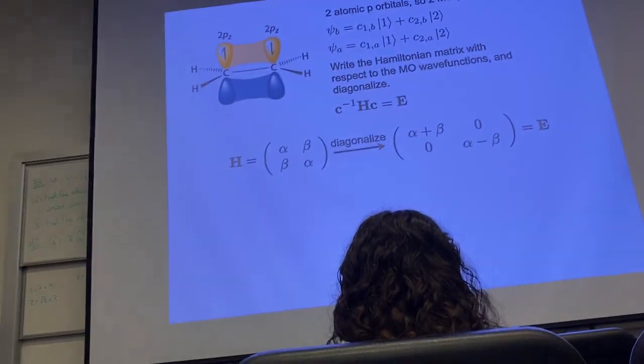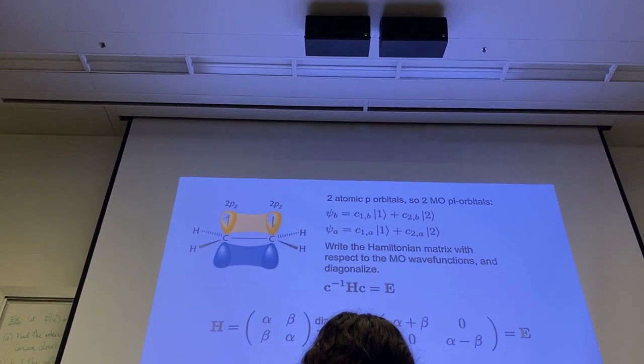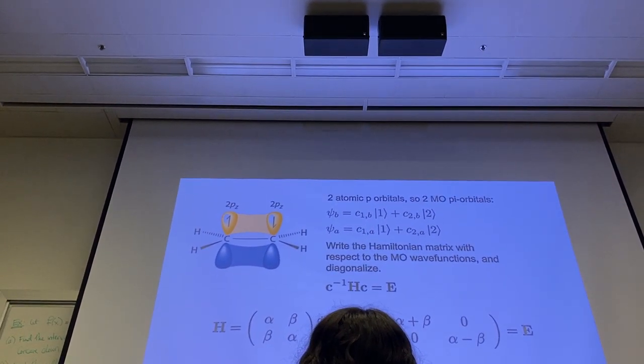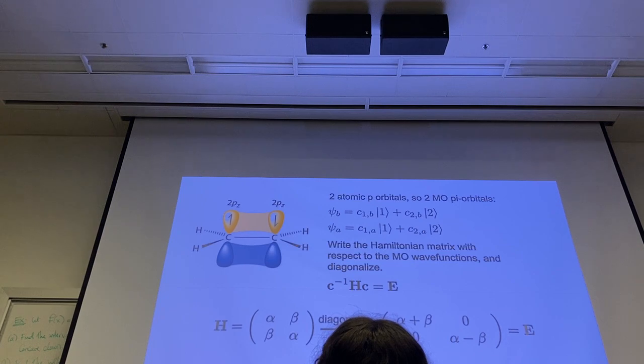Those are the energies of our molecular orbitals, alpha plus beta and alpha minus beta in this particular case. So the energies are alpha plus or minus beta, depending on if you're looking at the bonding or anti-bonding orbital. Note again, I pointed out last time that both alpha and beta are negative numbers.